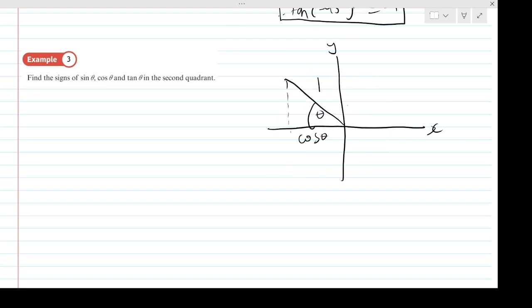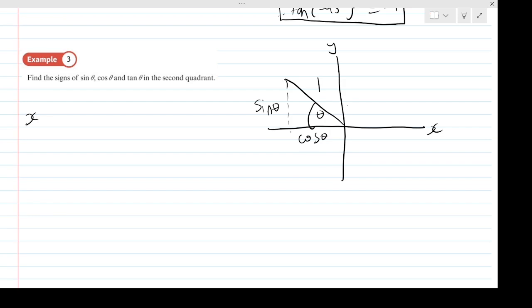So if we have a hypotenuse of 1 and an angle theta, this gets me cos theta on the negative x part, and the y part up here would get me the sine theta, because it's opposite the angle. Now, talking about the signs then, this cos theta is the x.